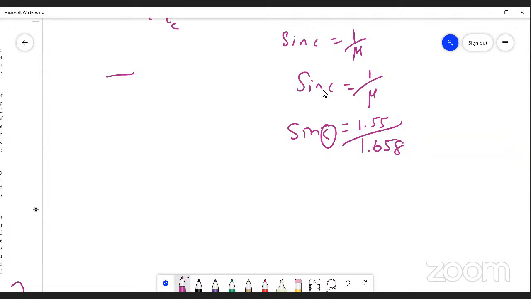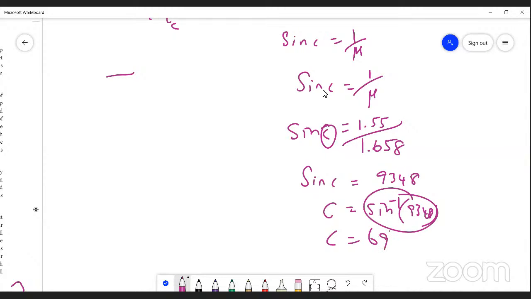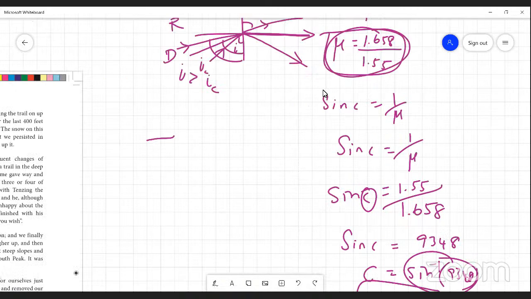This is the critical angle. So sin C is almost 0.9348, and C is equal to sin inverse of 0.9348. Finally, you get C equal to almost 69 degrees. So the C value is 69 degrees. See the diagram.